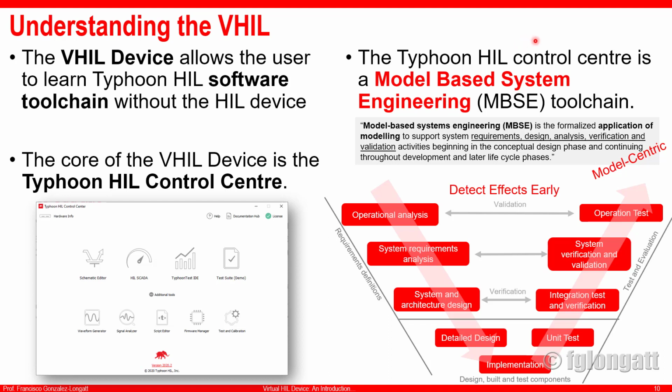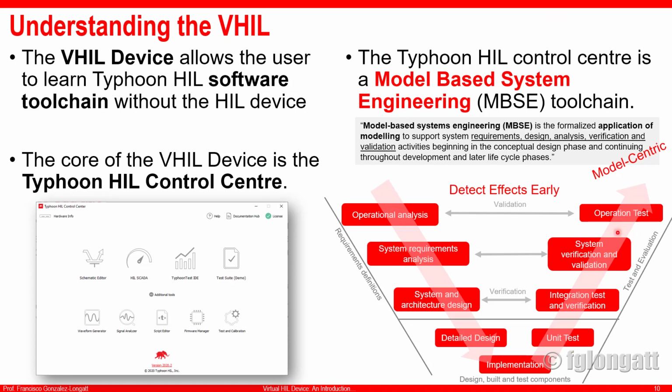Typhoon HIL uses in the control center an approach that is called model-based system engineering. What this means is that MBSE is an application of modeling in order to help you in all the stages in a system project: requirement, design, analysis, verification, and so on.